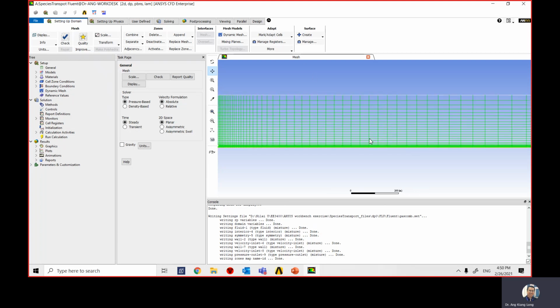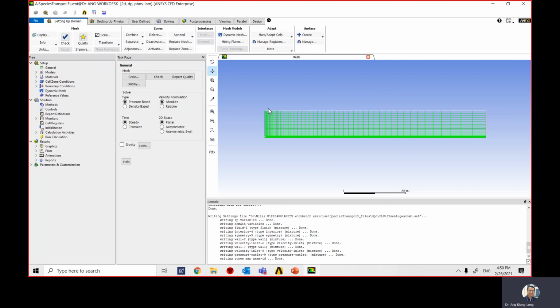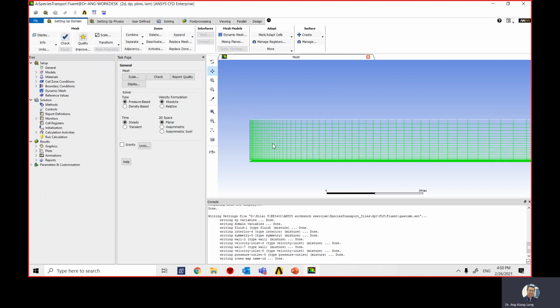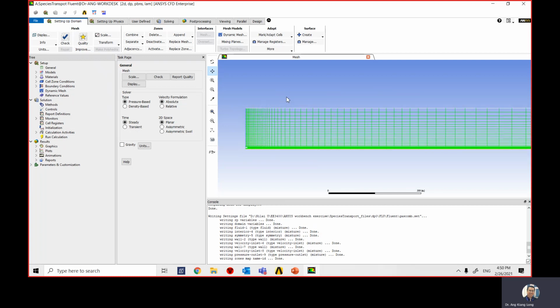You can zoom in and zoom out. We have a symmetry plane here, and our inlet here. The white color is our wall. If you're not sure what it is, expand the boundary conditions here, and you see ID 4, ID 9, ID 5, ID 6, 8, 2, 7.